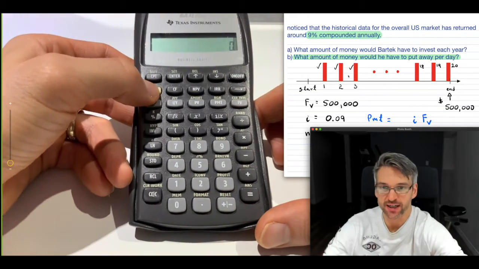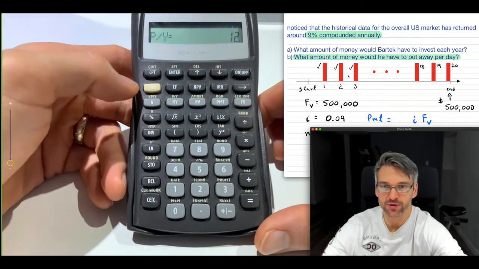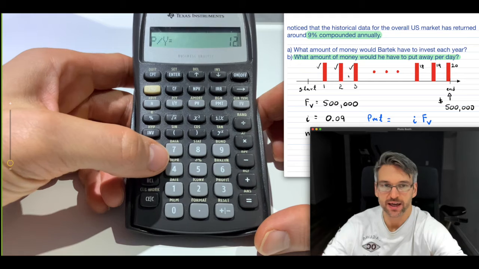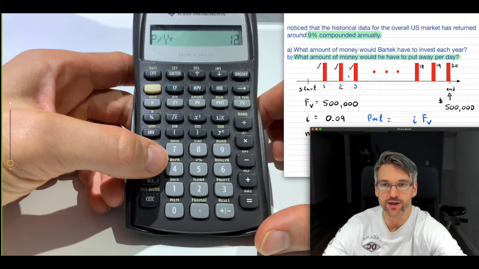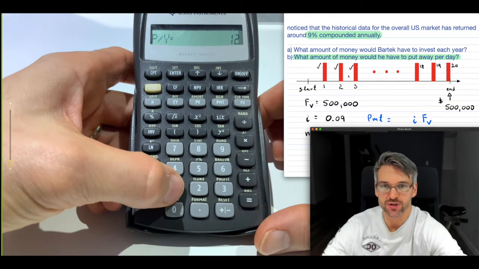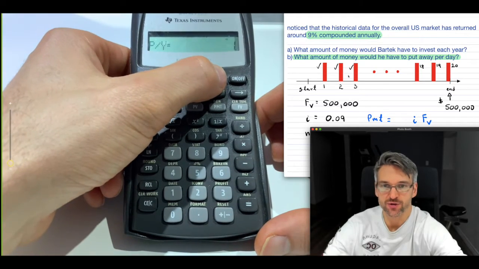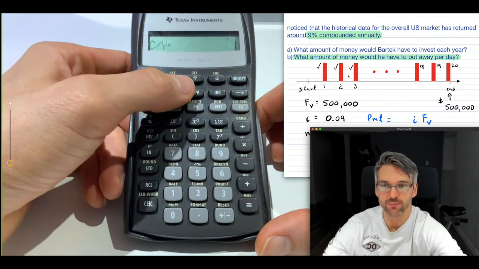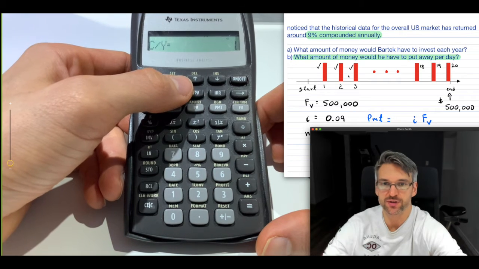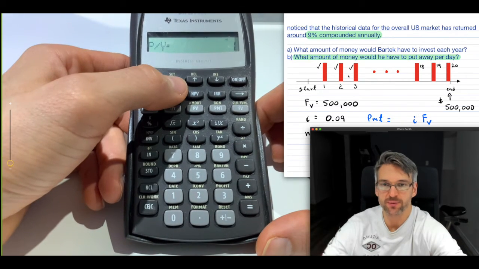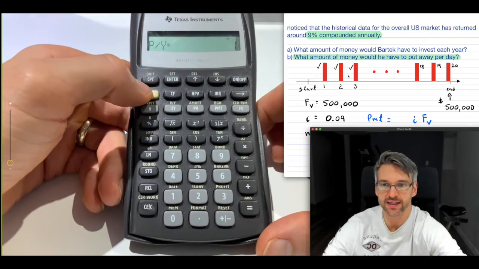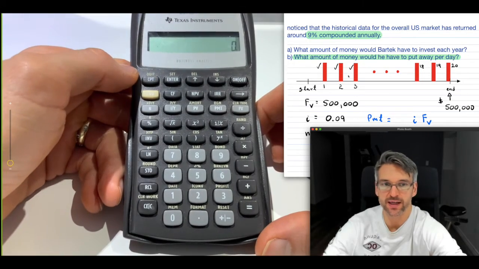So I'm going to go to second function, payments per year. It's not 12, we're compounding annually. It's an ordinary simple annuity, so those should align. I'm going to hit 1, hit enter. Just make sure, so scroll back down. Compounding periods per year is still 1, and your payments per year is 1. All right, so that's set. Second function quit to get out.